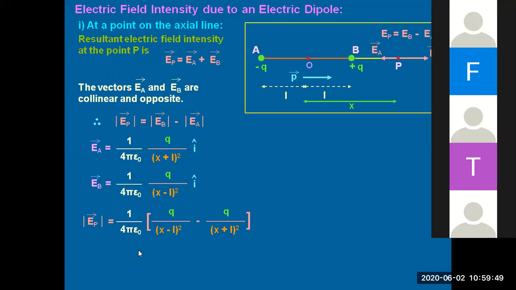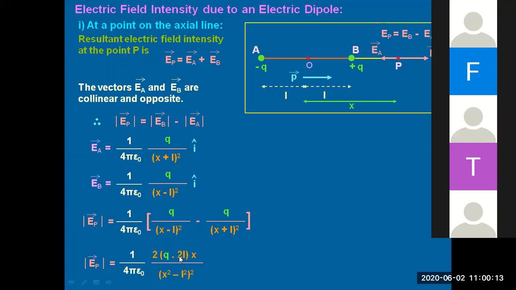Total field, you can take 1 by 4 pi epsilon naught, q divided by x minus L the whole square minus q divided by x plus L the whole square. q is common, which can be taken outside. If you're taking the LCM, it is x square minus L square the whole square.